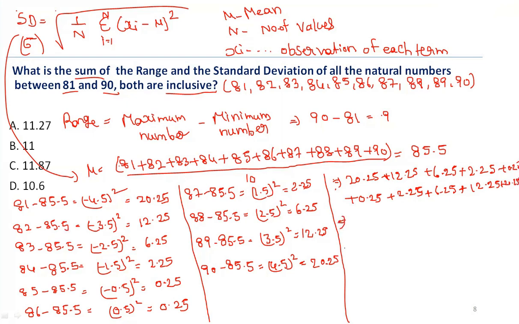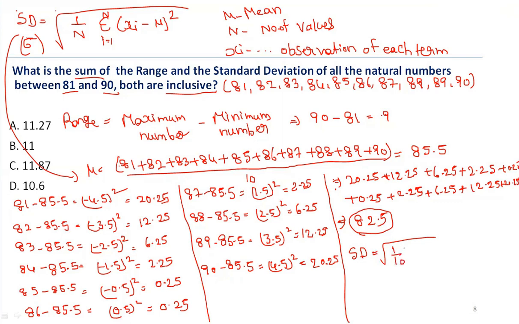The total will be nothing but 82.5. Okay. 82.5 is the total for this sum of the squares of all the values that we got from this data. Okay. So now apply the standard deviation for this value. Standard deviation, I'm simply representing it as SD. So under root of 1 by n means it is nothing but 1 by 10.